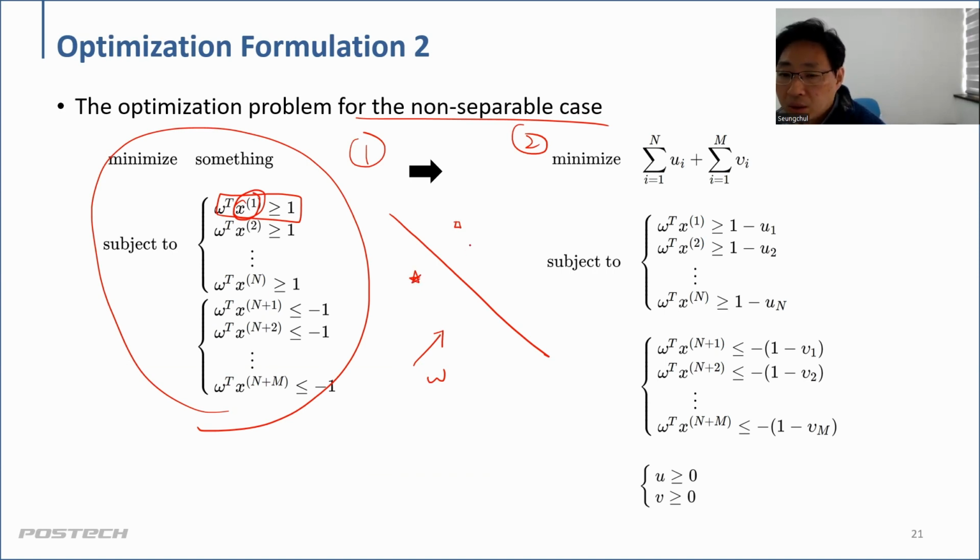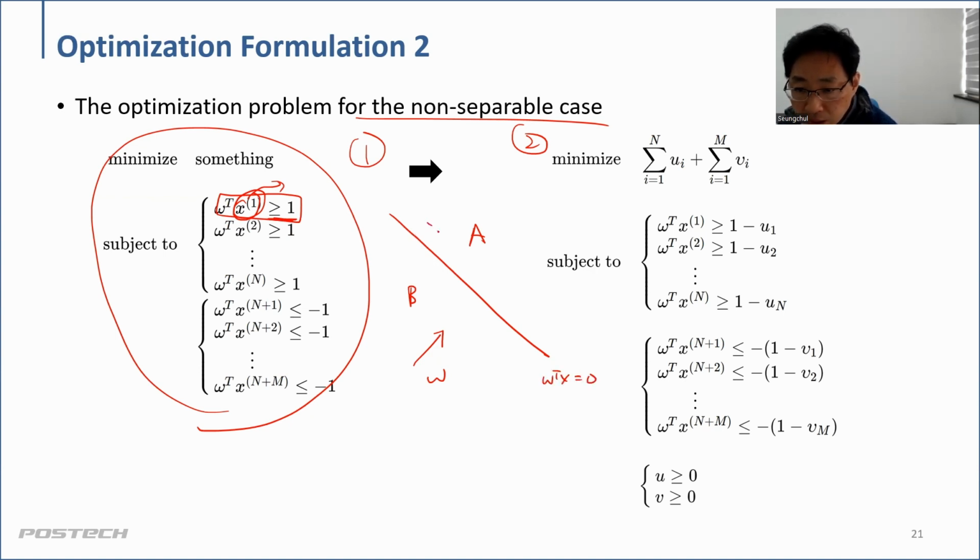Do you know? Say this is region A. For that point, is it located in A or B? Because it's positive, and this one is omega transpose x equal to 0.